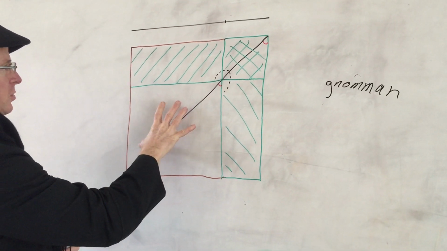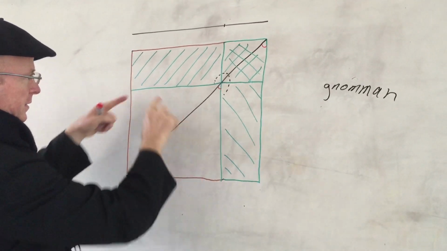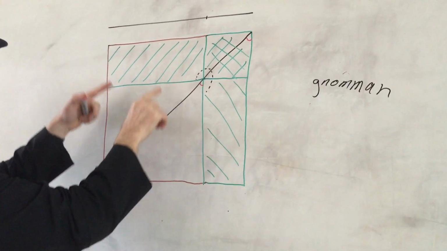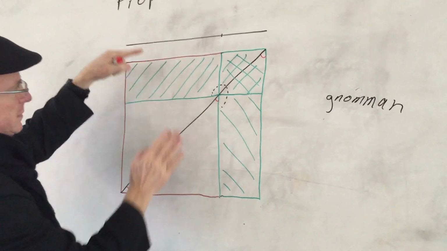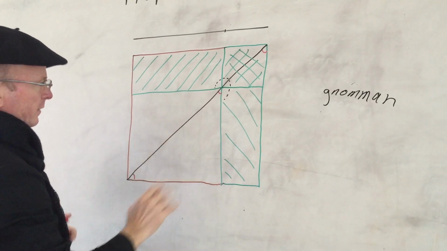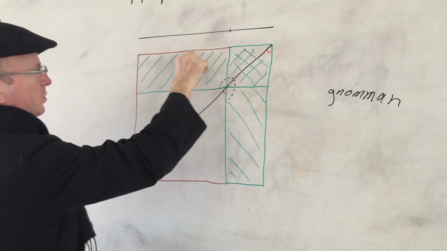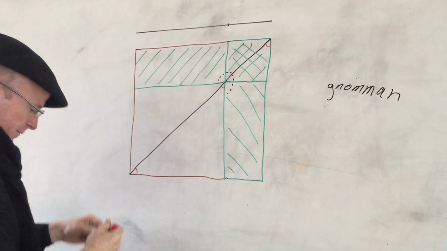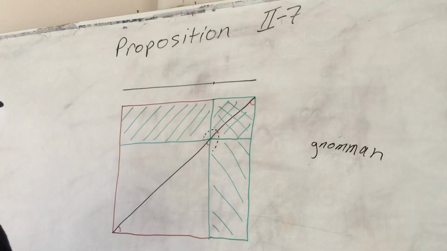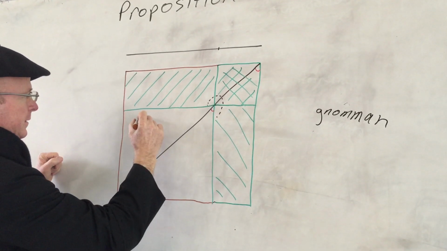Now look, this square is the square on this line because this is equal to this and this is equal to this. Opposite sides of parallelograms are equal. Two things equal to the same thing are equal to each other. So this is equal to this, whatever. And therefore you can say that this square is the square on this line. So let's emphasize that imaginatively. Let's make it the same color as this line.